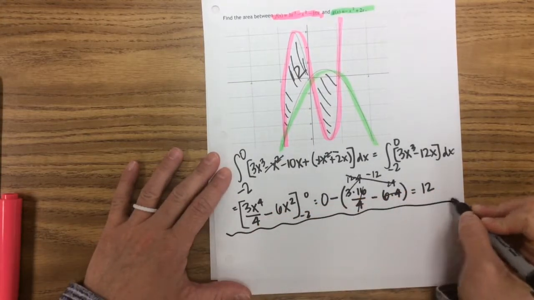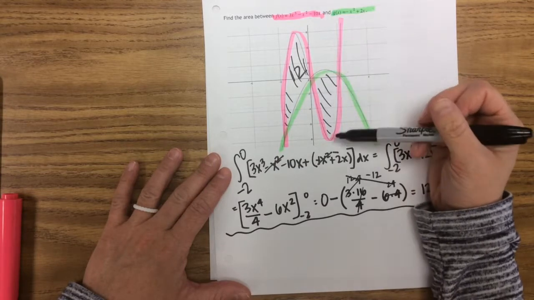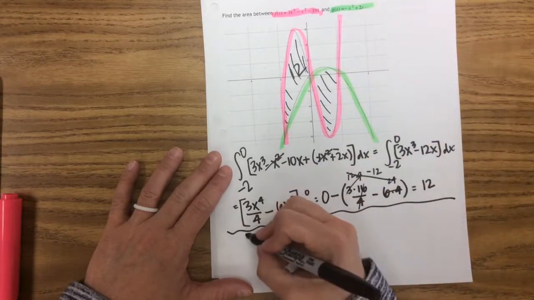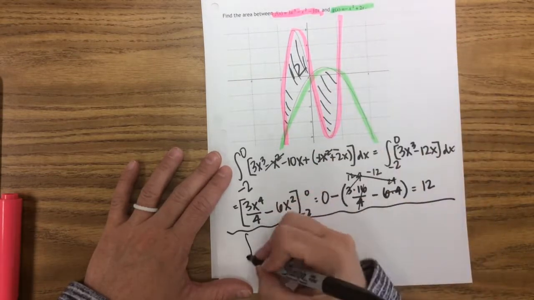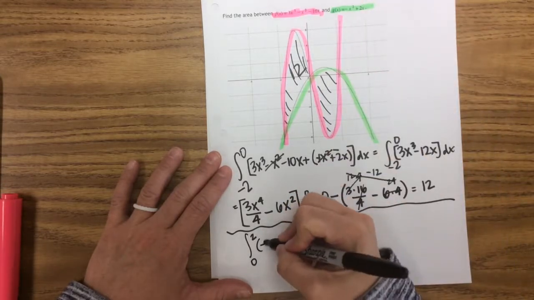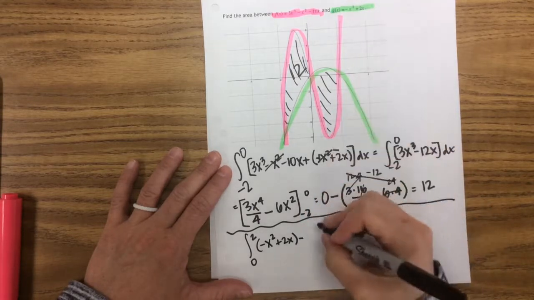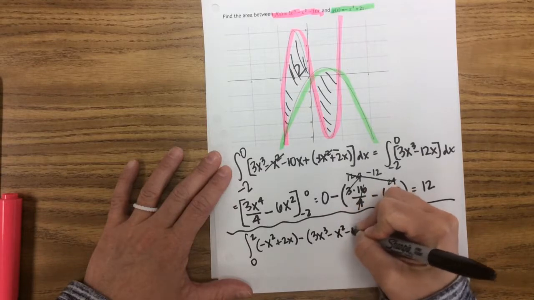Now I gotta start over and do this one. And the only thing that's different is now the green's on top and the pink is on the bottom. So I'll do green minus pink. So I'll do from 0 to 2, and green, negative x squared plus 2x, minus pink, 3x cubed minus x squared minus 10x.